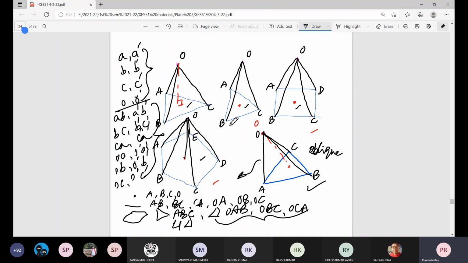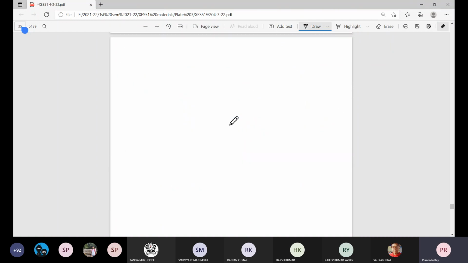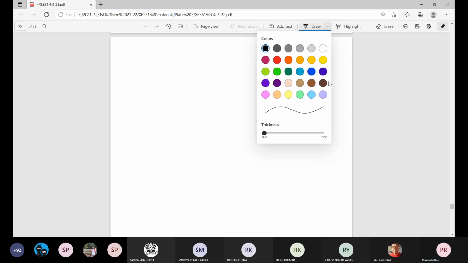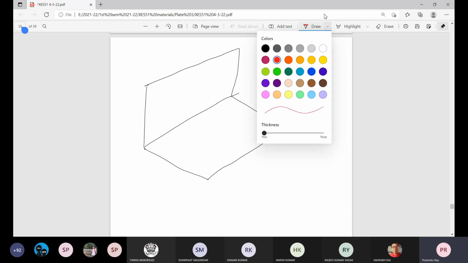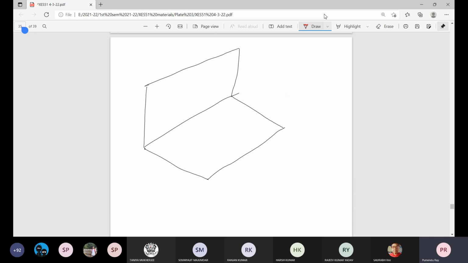Now let us find one more blank page there. Normally things are like this. This is the vertical plane. This is the horizontal plane. Suppose this is the object.